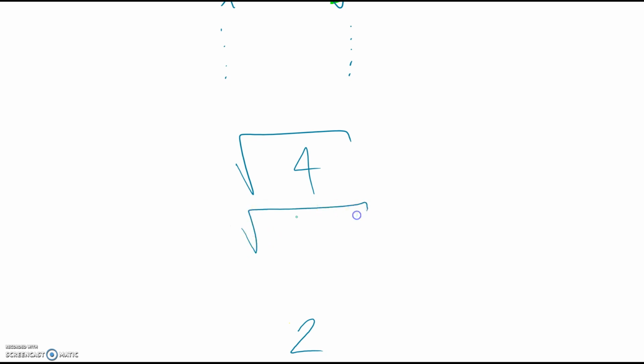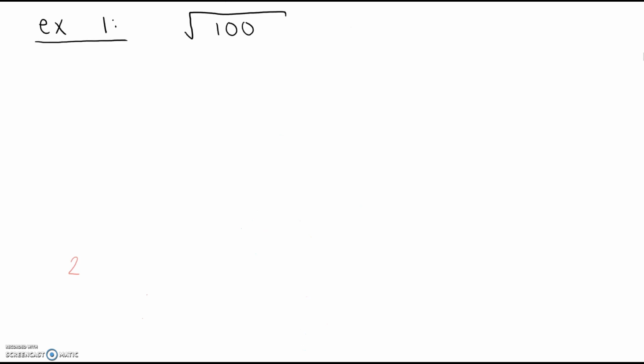The square root of 4 is 2 because the index is technically a little 2, which means we're looking for what times what gives you 4. Well, 2 squared gives you 4. And the square root and the square cancel, and all you're left with is a 2, so that's your final answer.